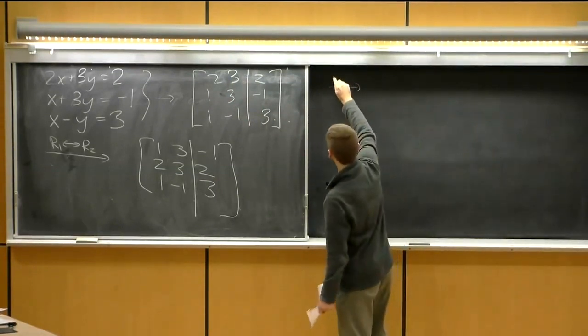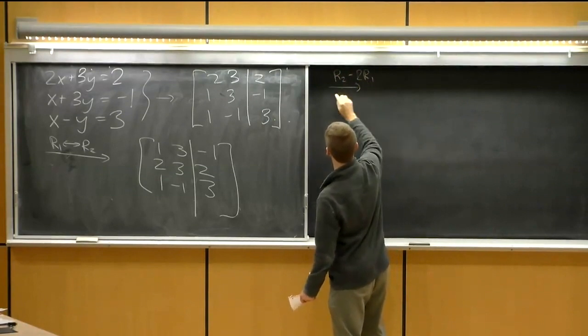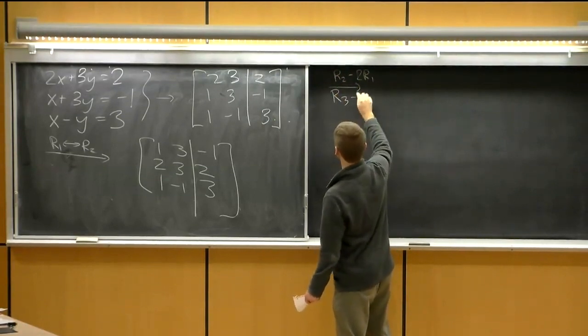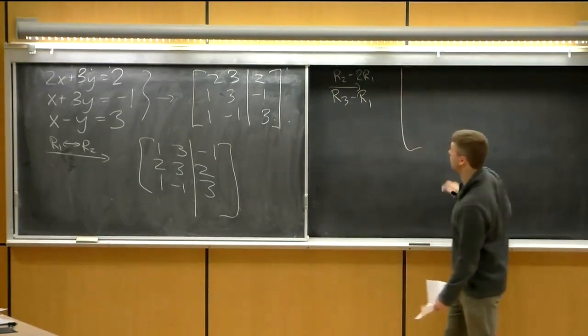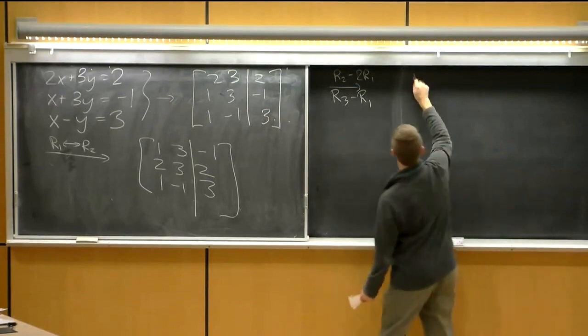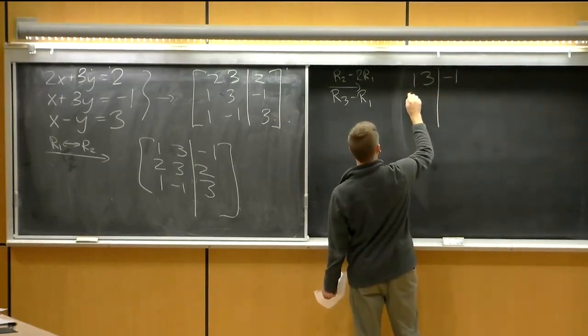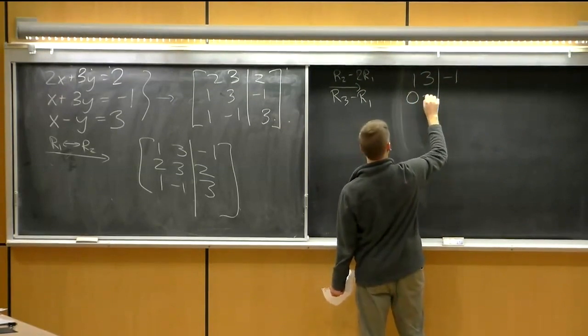Okay, so now I'm going to take row 2 and subtract 2 row 1s. I'm going to take row 3 and subtract row 1. Zero, -3.